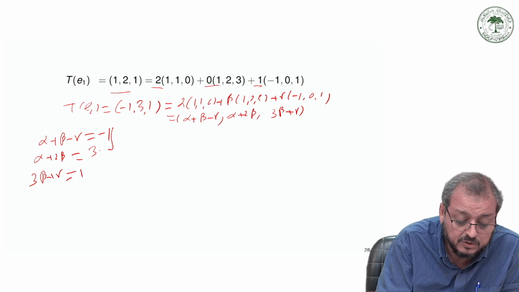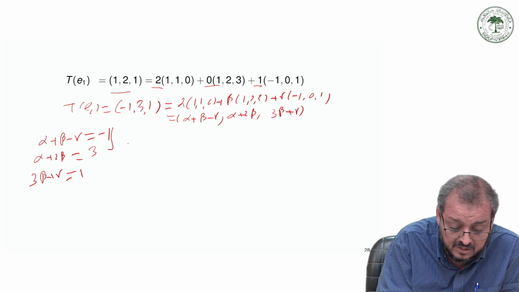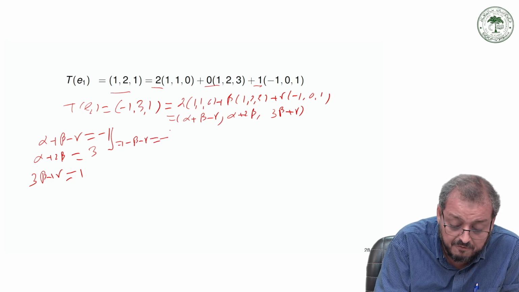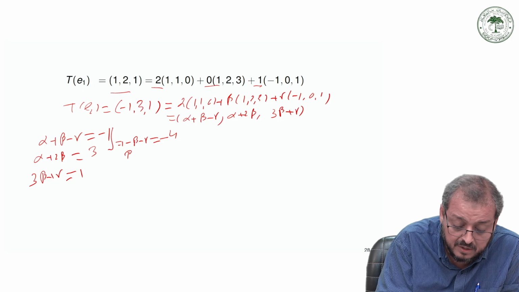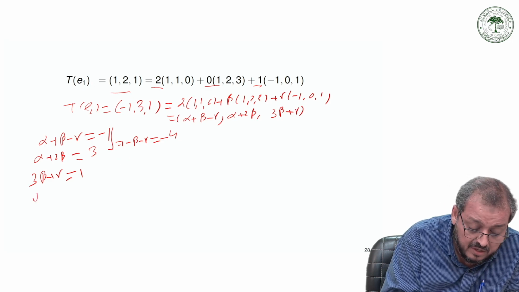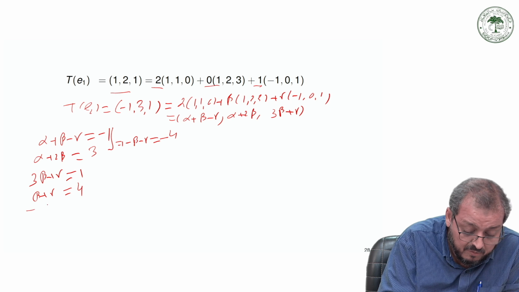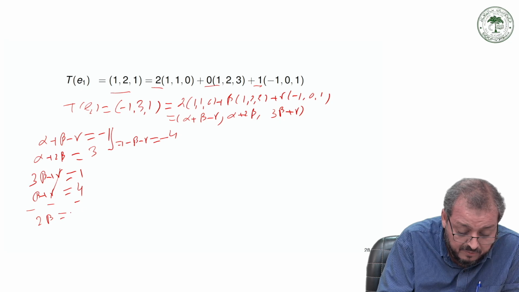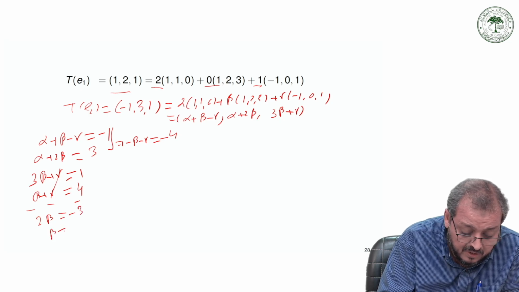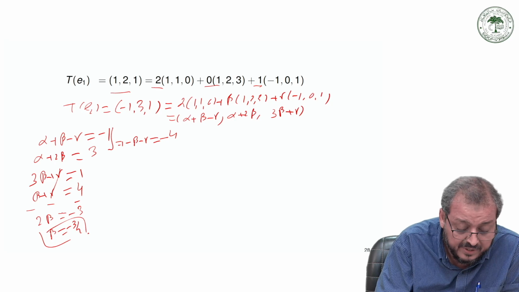Now again from these two, subtraction of these two, we get minus beta minus gamma is equal to minus 4, so this means beta plus gamma is equal to 4, and now twice beta is equal to minus 3, so beta is equal to minus 3 by 2.